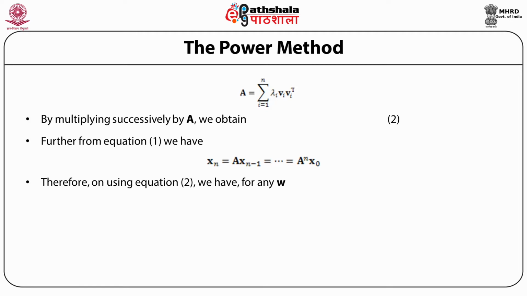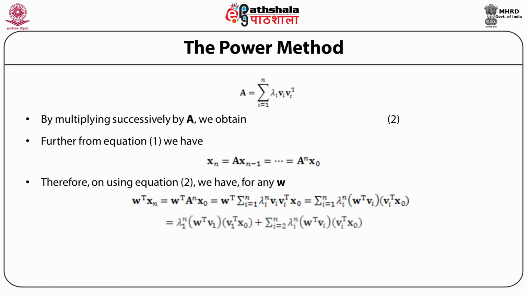Therefore, on using the second equation, for any w, w^T xn = w^T A^n x0 = w^T summation i equals 1 to n of lambda i^n vi vi^T x0, which equals summation i equals 1 to n of lambda i^n (w^T vi)(vi^T x0), which is further equal to lambda 1^n (w^T v1)(v1^T x0) plus summation i equals 2 to n of lambda i^n (w^T vi)(vi^T x0).